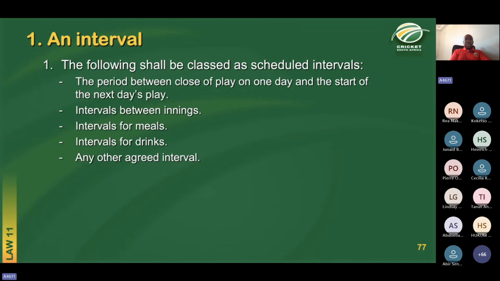So they had a special interval that was agreed before the match starts on day one of the Test match from 12 until 12:15. That is an example of any other agreed interval. In our T20 competitions around the world, the IPL and the SA20, for example, have what are called strategic timeouts. Those are also agreed intervals.